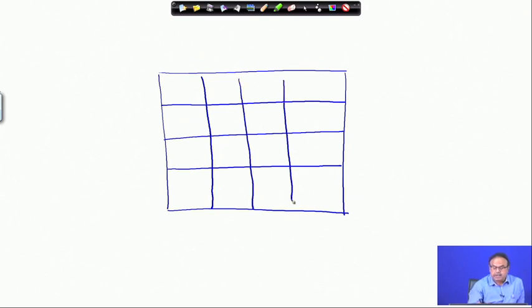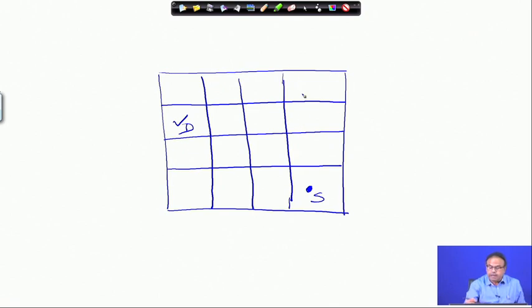So, this is a maze and I am here, and I have to reach say here. So, this is my source, this is my destination, and each of these are places.